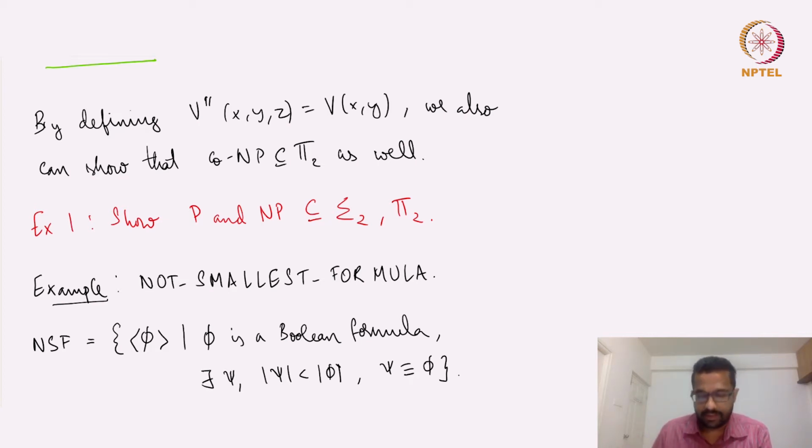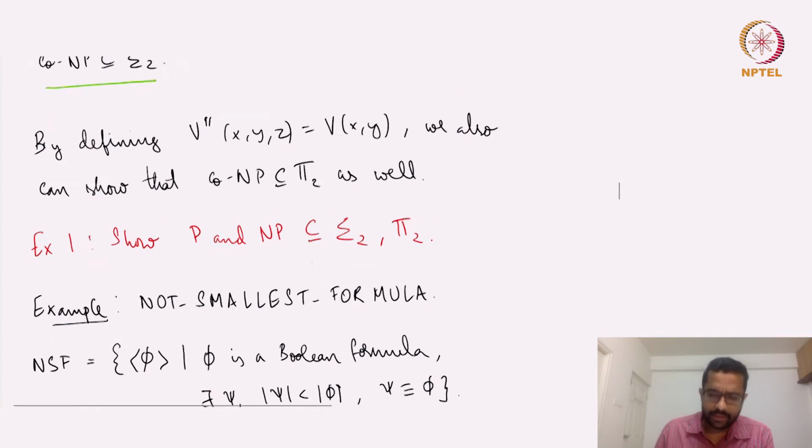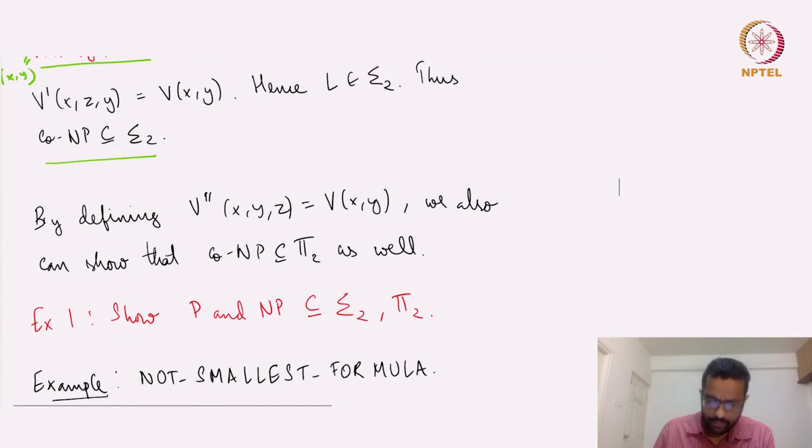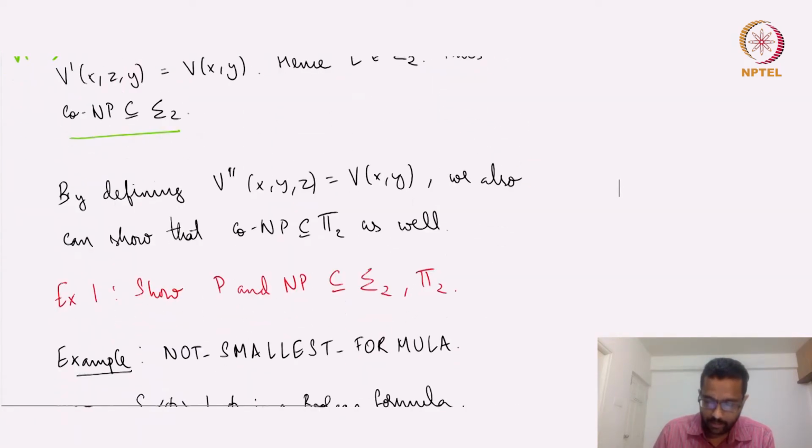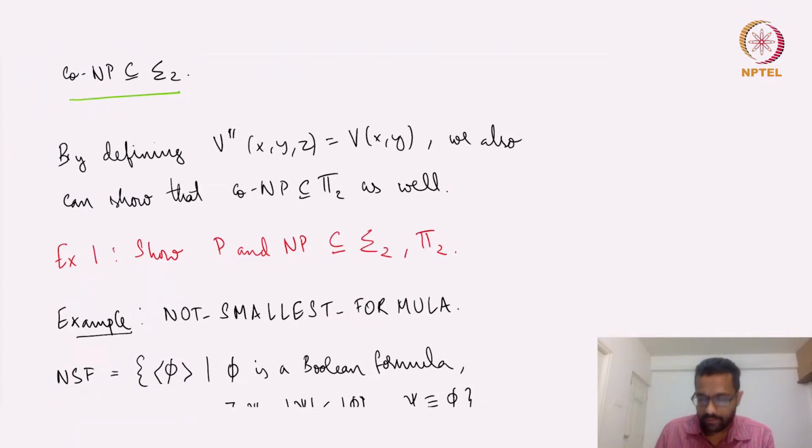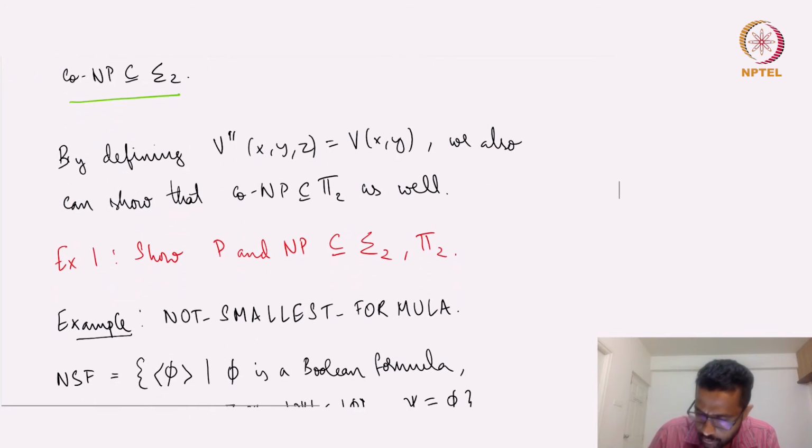We'll just need to add the dummy variable for all, and for P we will need to add two dummy variables. But we don't need to get into that. We don't need to do the proof again from scratch. We could just use the result that co-NP is in sigma 2 to infer that P and NP are in sigma 2 and pi 2.